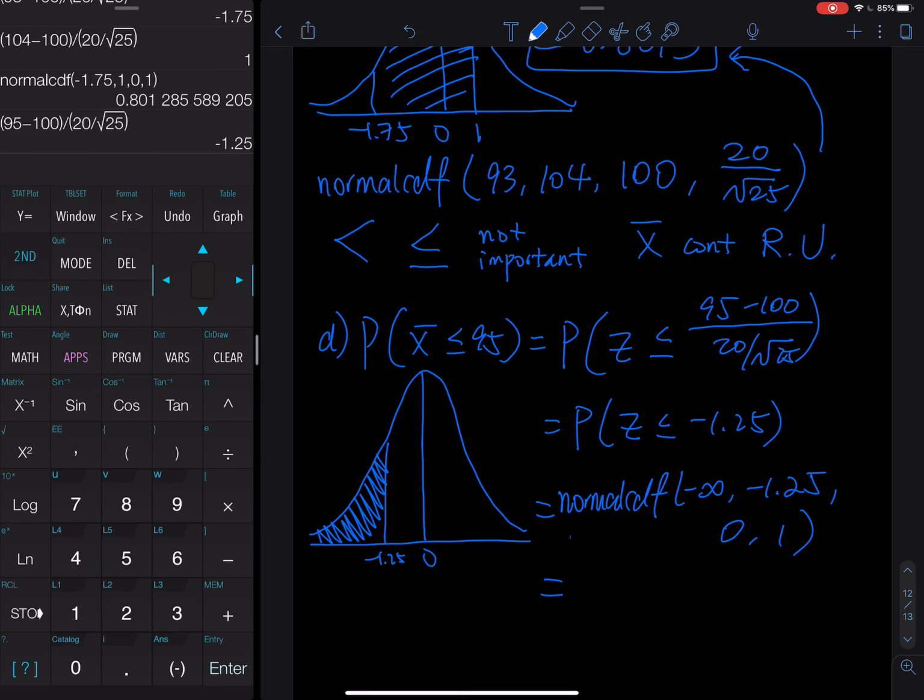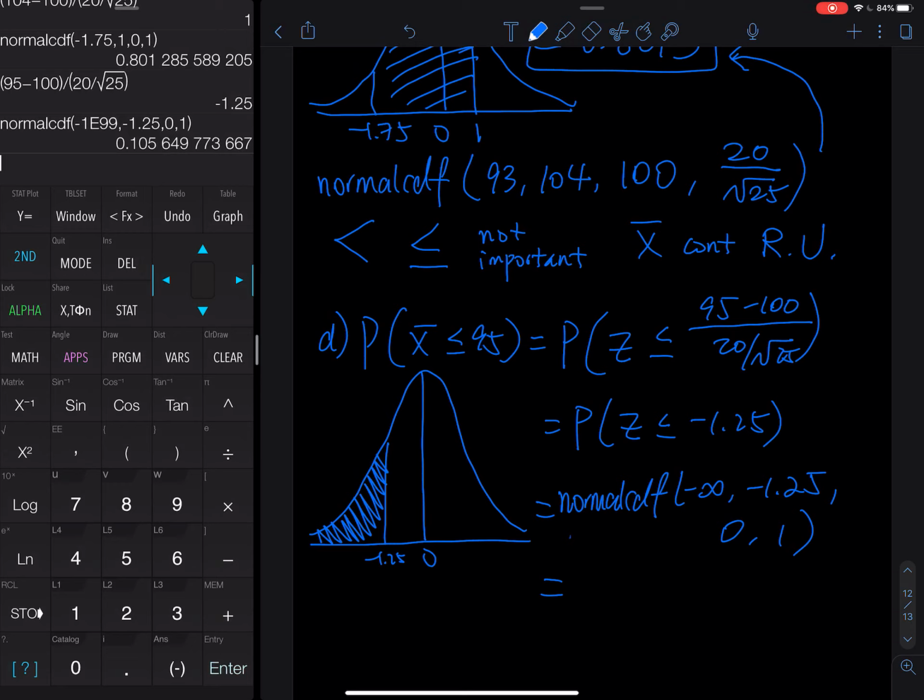Second was normal CDF from negative infinity, wrong key, negative 1E99, and then negative 1.25, the mean is 0, standard deviation is 1, then the probability is 0.1056. So that is my probability.